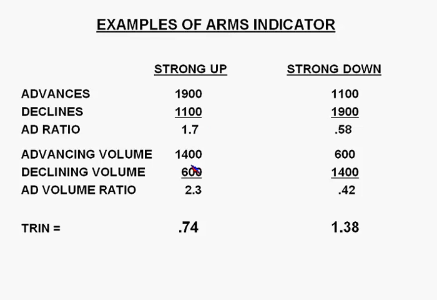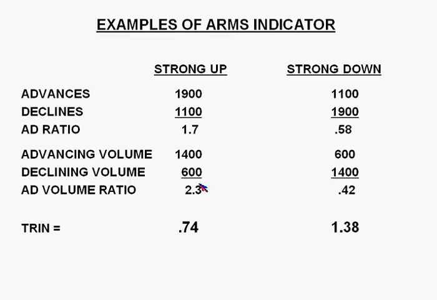Now to do the lower number, we take the volume, the number of those stocks that advanced, that closed higher for the day. Their volume was 1.4 billion shares. And of the stocks that declined, their volume was 600 million.